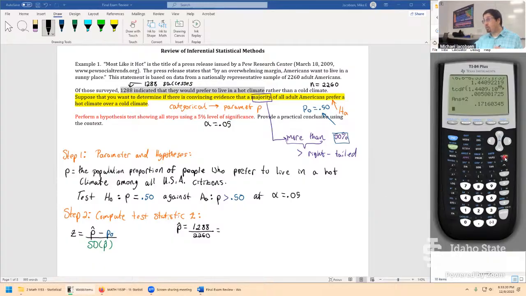They're really picky in this one section. So 1288 divide by 2260 gives us 0.5699. So almost 57% of the sample said they would prefer to live in a hot climate. That's definitely more than 50%.